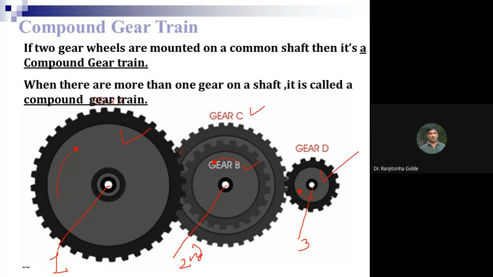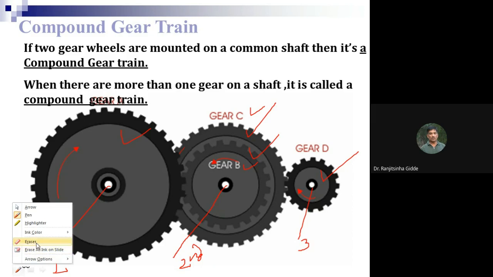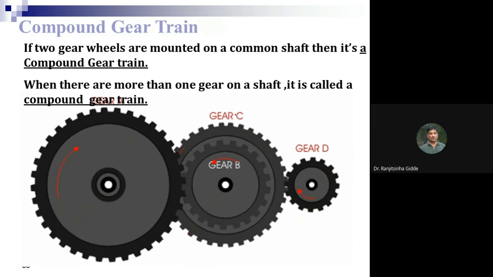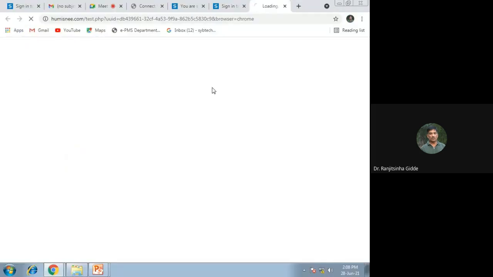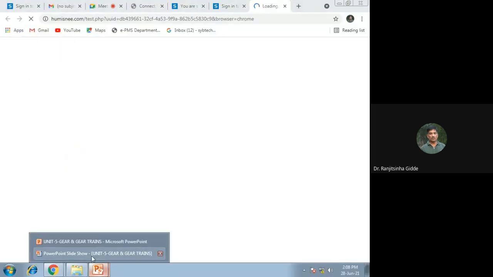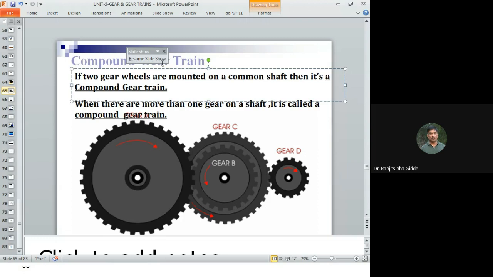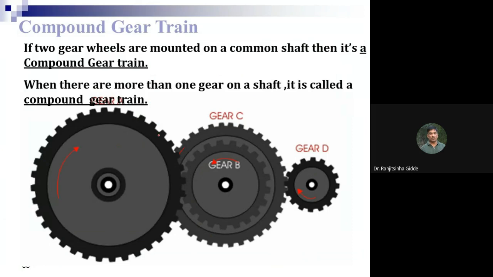On the output shaft, that is the third shaft, gear D is mounted. But on the shaft in between these two shafts, there are two gears, gear B and gear C. Such a combination we can call a compound gear train.